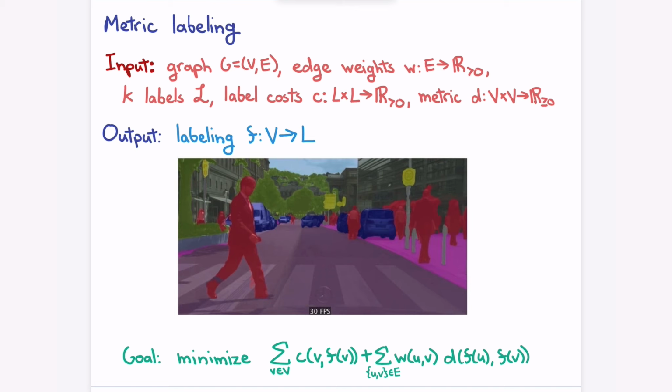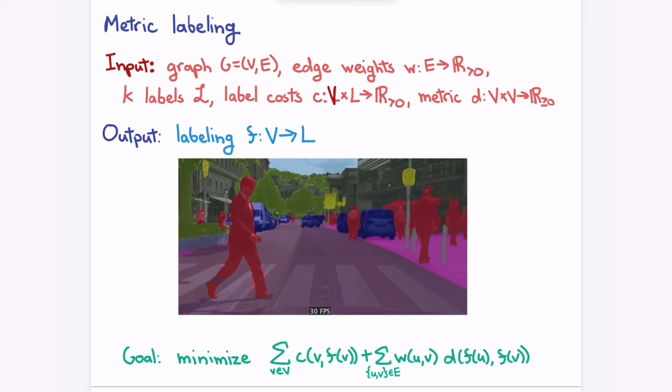The objective is that you have some cost function, that should probably be v times L. Maybe it's based on some prior, or you can say I know this pixel is this and that pixel is that, and make it infinite for the pre-labeled pixels.